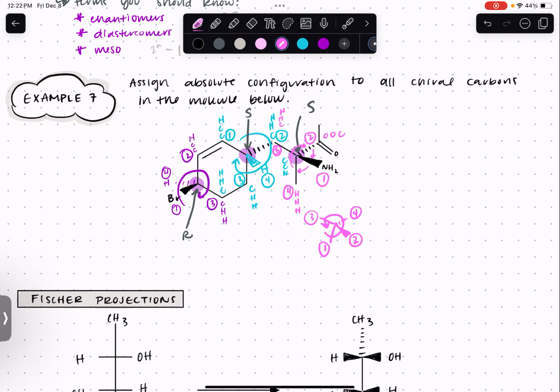So you said like the 4th will be on the dash because it's on a straight line? No, I'm moving it so that it's on the dash. I'm not just switching things because I want to or because I can. I'm actually physically looking at my molecule and I'm rotating the bond.